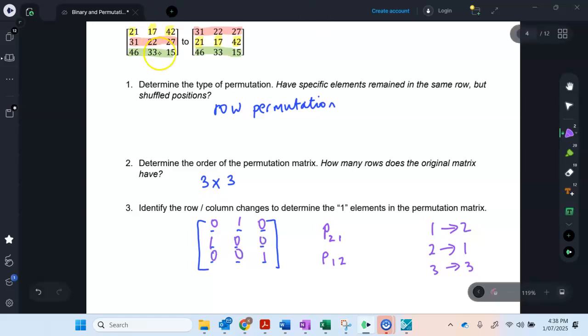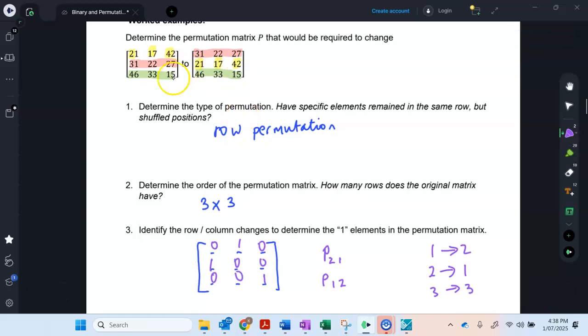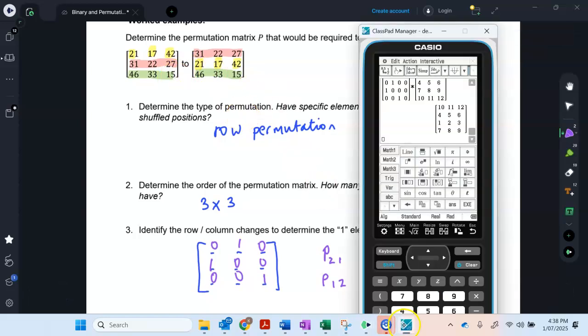Now you can always check your answer, right? You can put this into your calculator. So let's just quickly do that. 21, 17, 42, and I've just realized I should have done my permutation matrix first, but that's okay. 22, 27, 46, 33, 15.